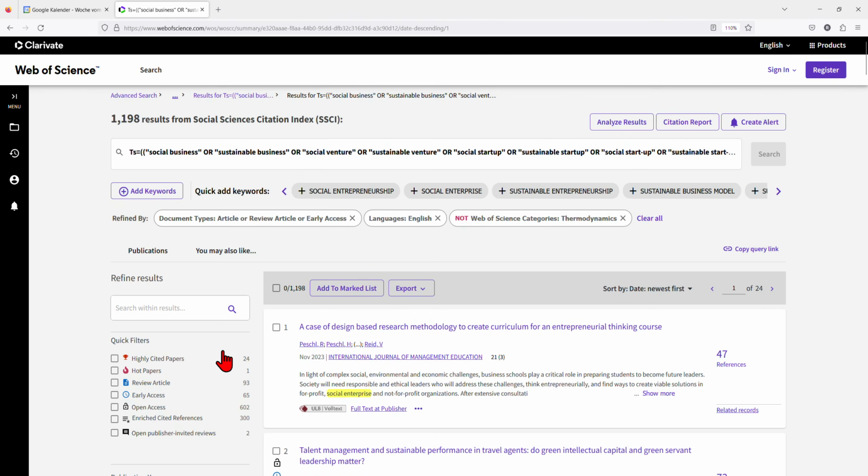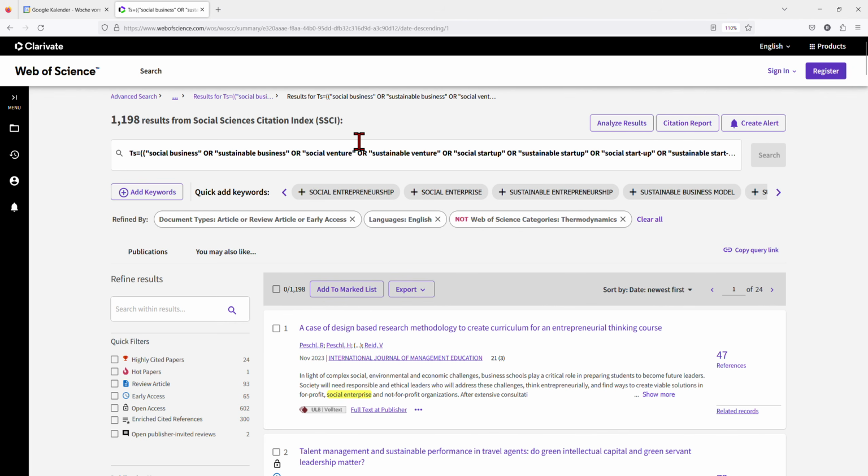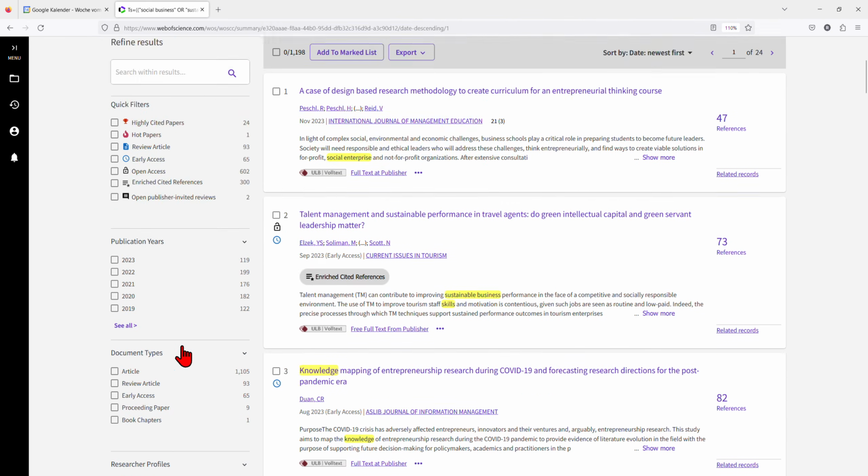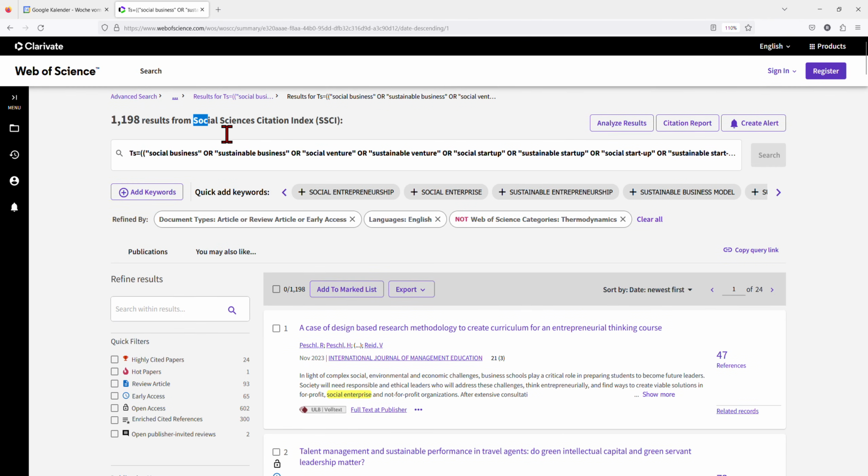However, one thing that I would like to point out towards the end is that I already restricted it to the so-called Social Science Citation Index. That's basically a sub-database of the Web of Science. The Web of Science also has a Science Citation Index with all the natural sciences, and this here is the database for the social sciences, so most of the hits from natural science are already not in here by restricting it to the Social Science Citation Index.